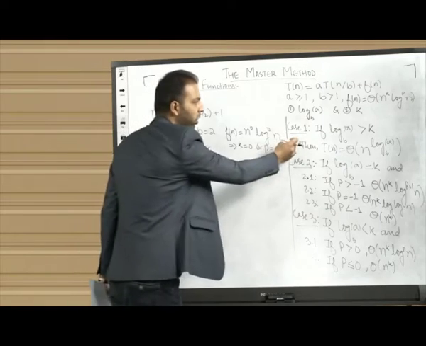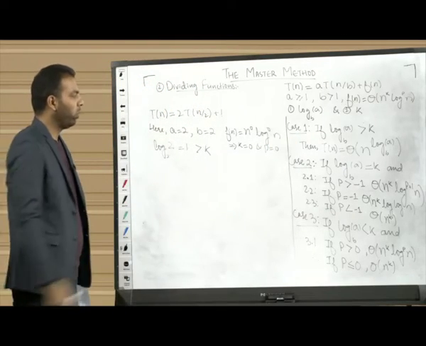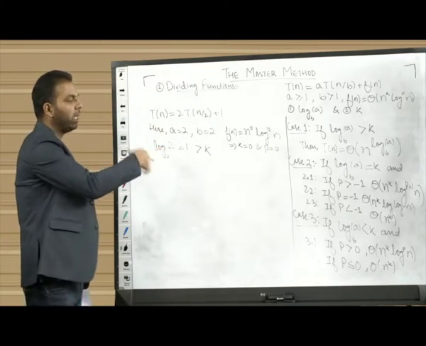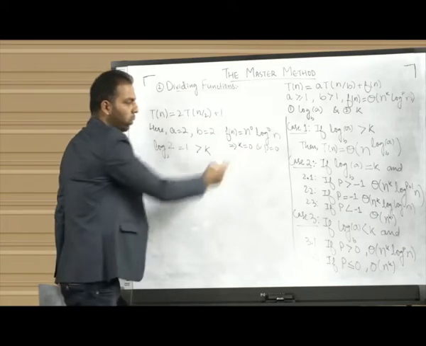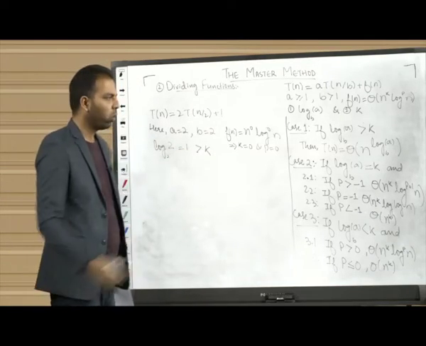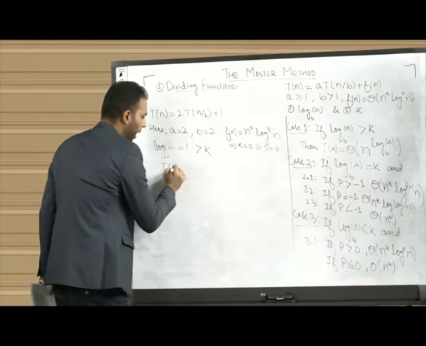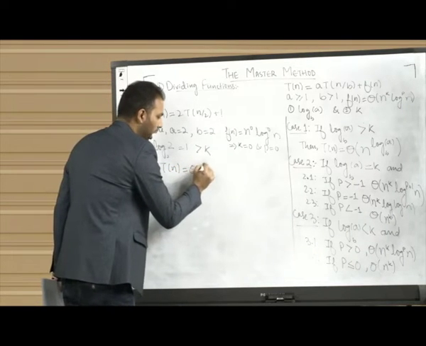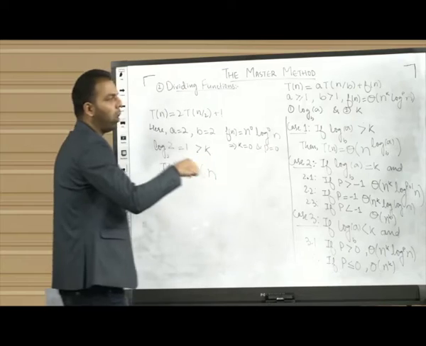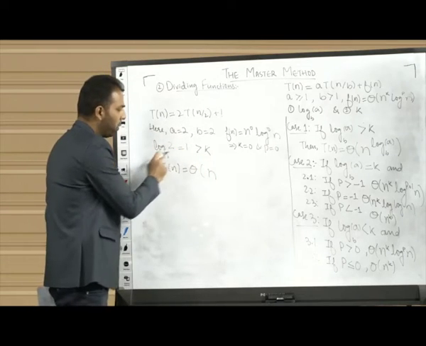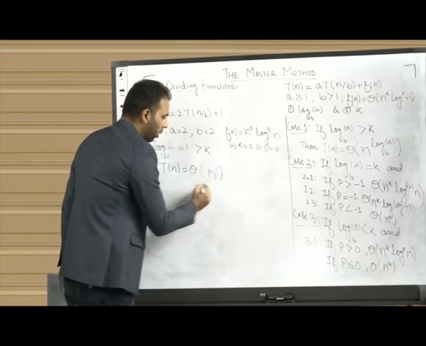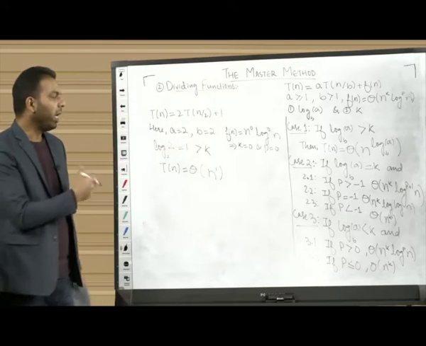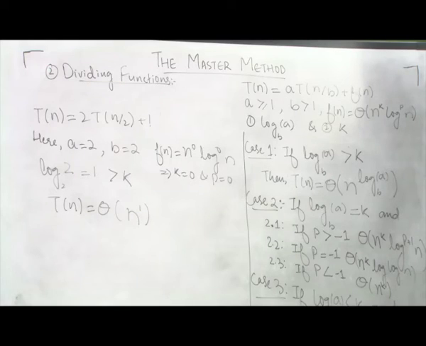It meets the first condition, that log a to the base b is greater than k. K is 0 here and 1 is greater than k. So we can simply write T(n) is theta n raised power log a to the base b. Log a to the base b we have calculated, it is 1. So T(n) is of the order theta n.